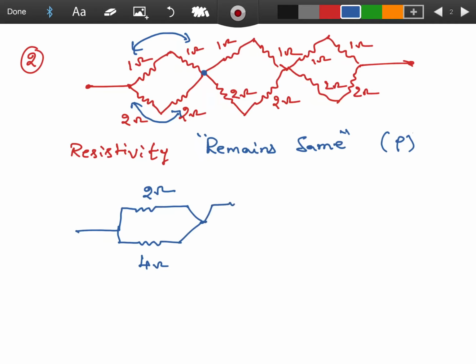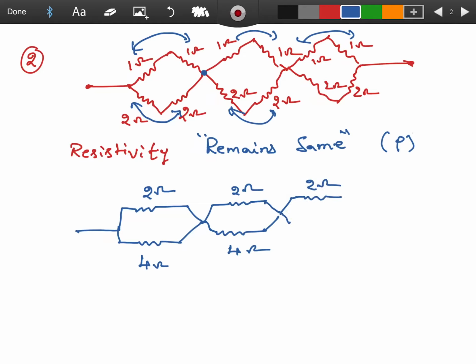Then again 1 ohm and 1 ohm in series, which is 2 ohm, and this is 2 and 2, 4 ohm. Again 1 and 1, 2 ohm, 2 and 2 in series, 4 ohm.